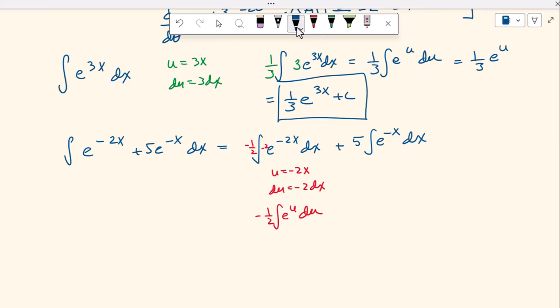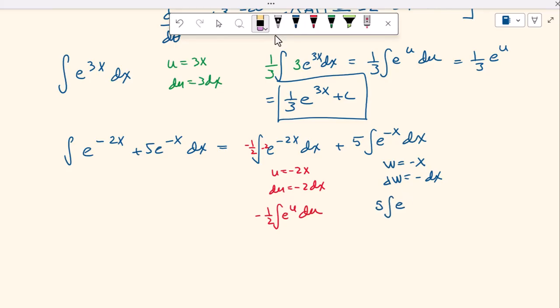Now over here on my next step, I'm not going to use a u, I'm going to use a w, because if I use a u, I've already defined that for this problem, so I need to use a different variable. So if w for my substitution is equal to negative x, dw is equal to negative dx. Okay, so here this would be 5 integral e to the w, but I don't have the dw. I need the dw.